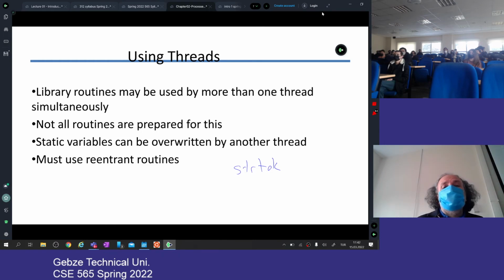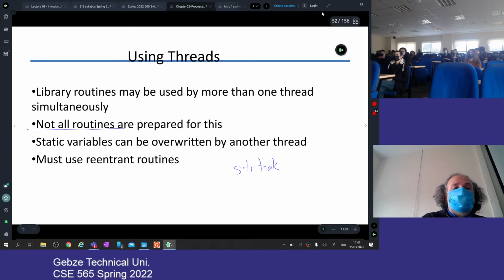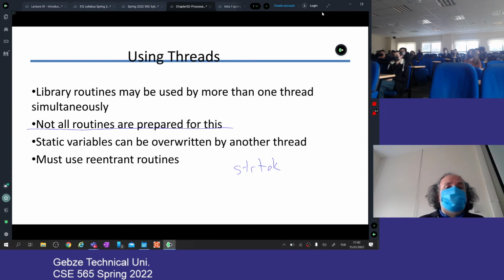Inside a C function, if you have a static variable, it's a global variable, and if you keep using this function from two different threads, then you are modifying the same global variable, and that's going to mess up your functions if they are multi-threaded. That's why we say that not all library routines or library functions are prepared for using threads this way. Static variables and global variables are the main causes of these kinds of problems.